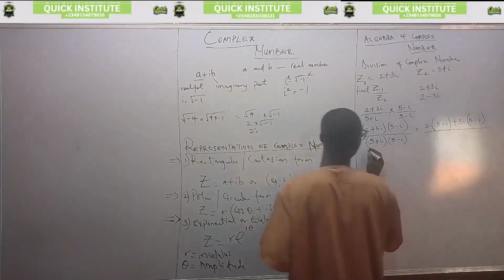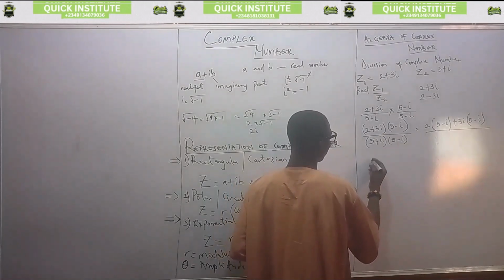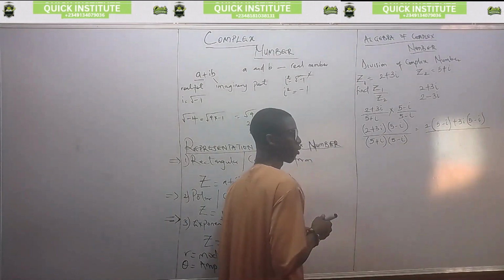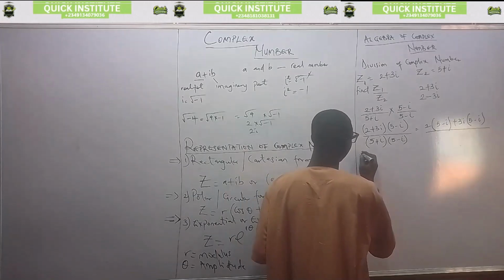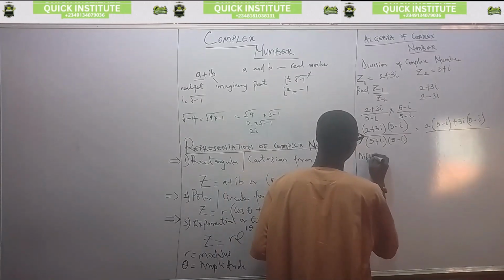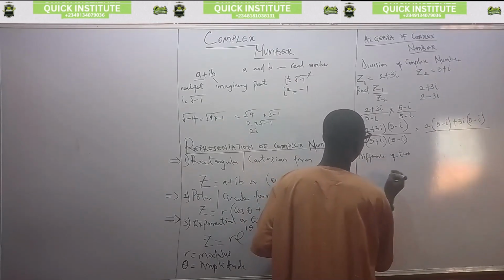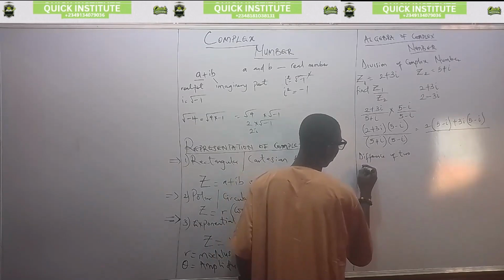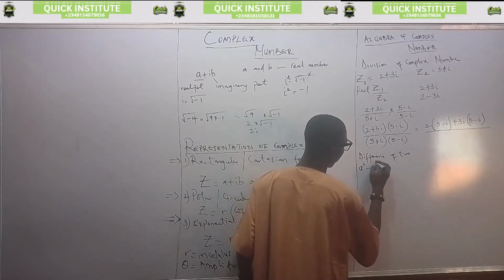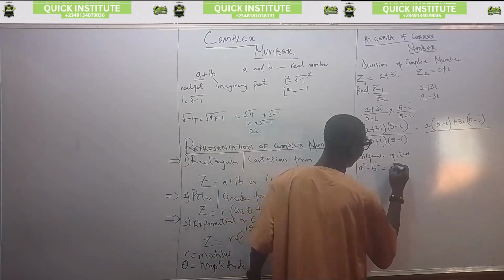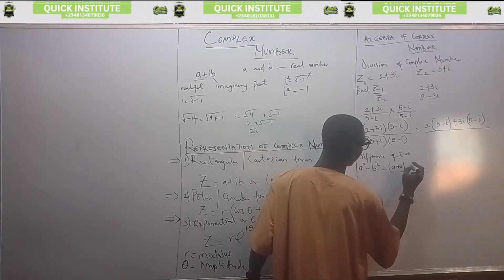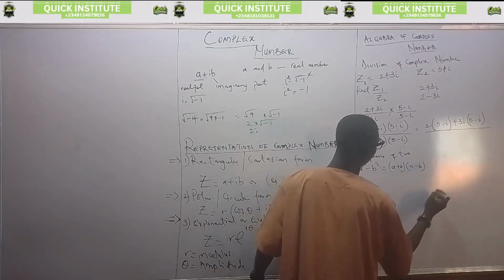In this denominator, you will notice that we have a difference of two squares. It means a squared minus b squared equals a plus b times a minus b.